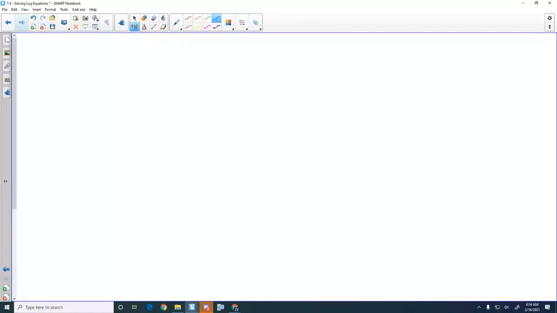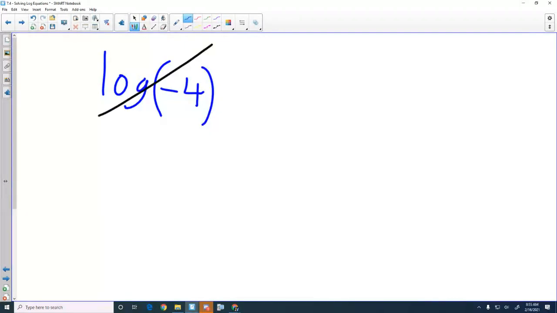Okay, one last note on that extraneous solution thing is you cannot take the log of a negative number. It doesn't work. So if you ever were to plug something back into that original problem and it would give you a negative log, you'd say, no, that doesn't work. That's extraneous. So like that last one, we got x equal to 8 for that problem.